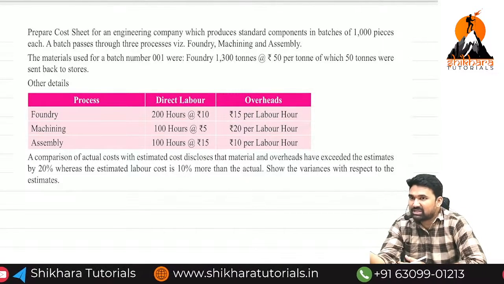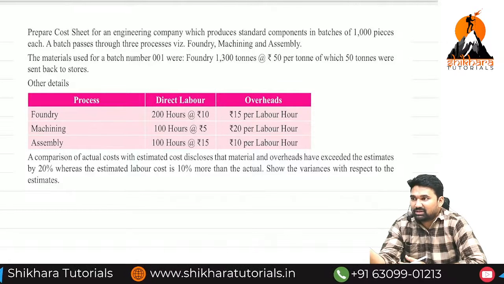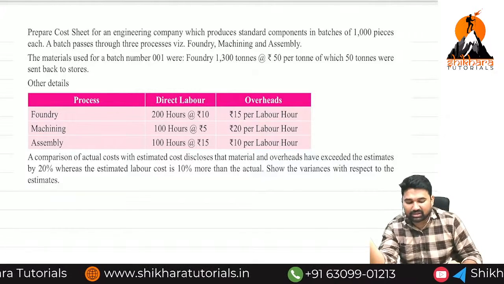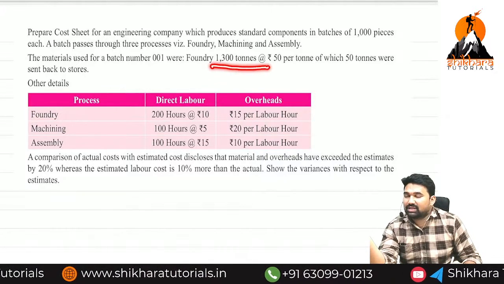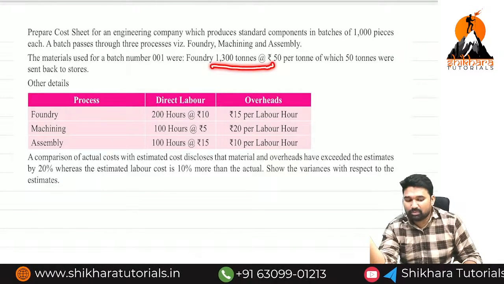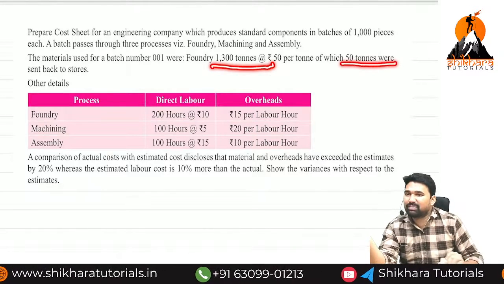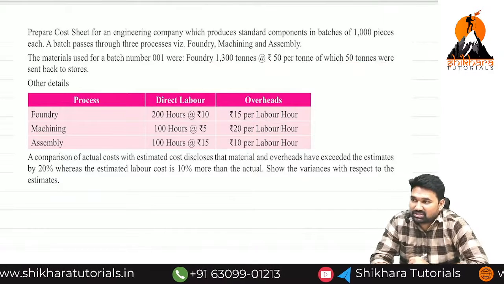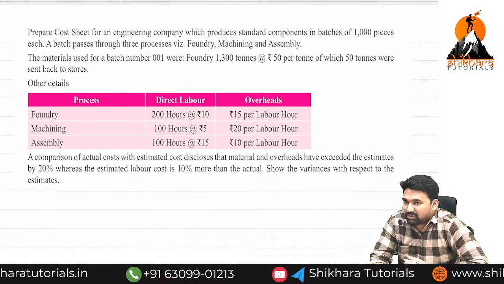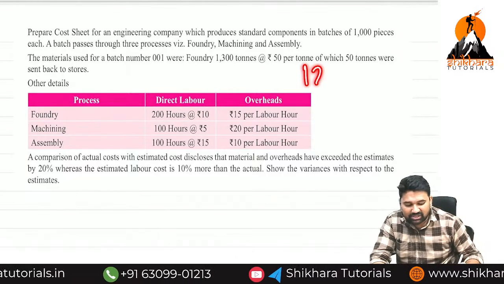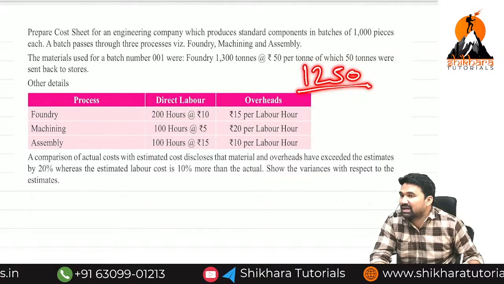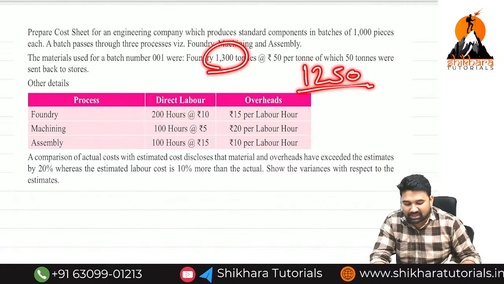The difference is consumption. In the same way, 1300 tons is given to the production department. The production department gave 50 tons back. So the actual consumption is 1250. How did 1250 arrive? 1300 minus 50.